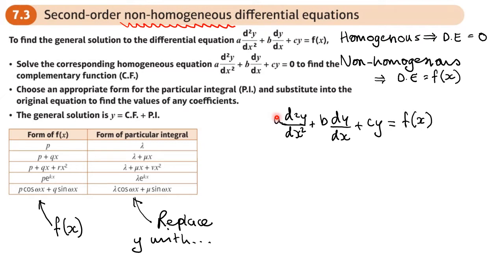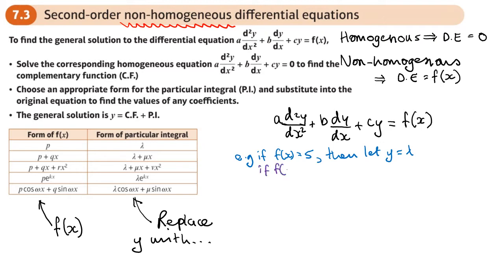So, for example, if f of x equals 5, then I would say let y equal lambda.